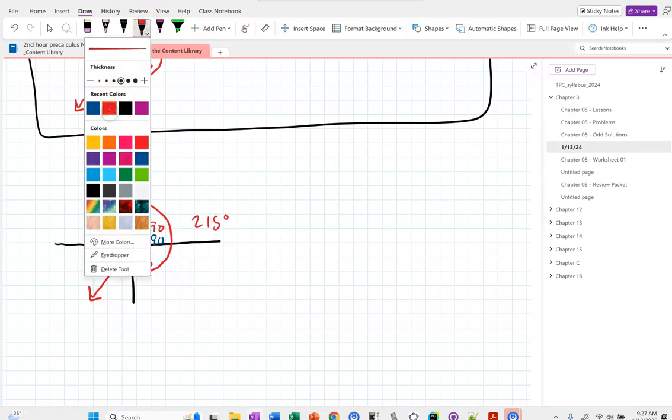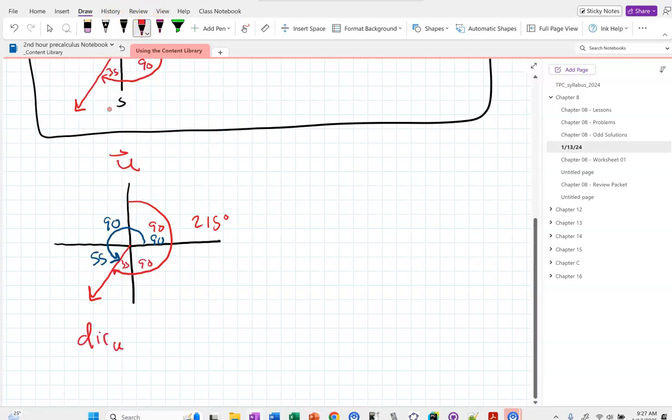So we're going to say the direction for U is going to be 235: 90 plus 90 plus 55. So far, so good.